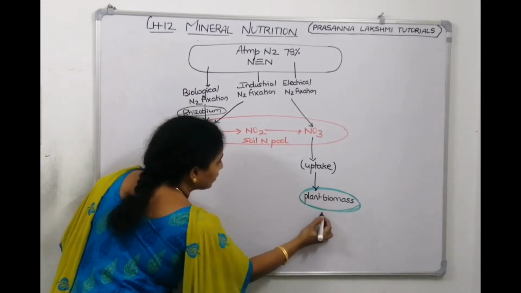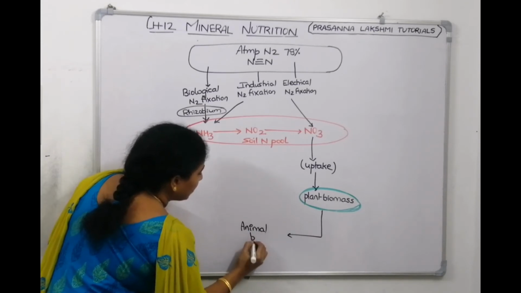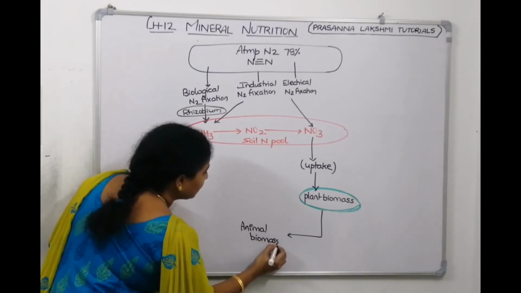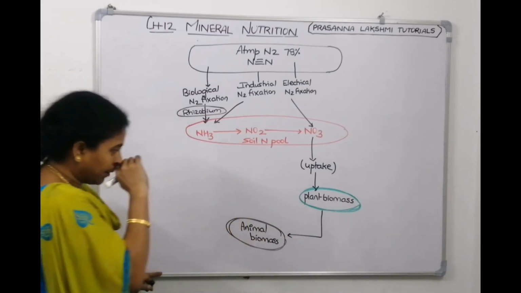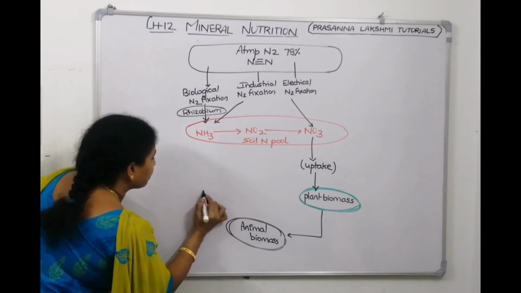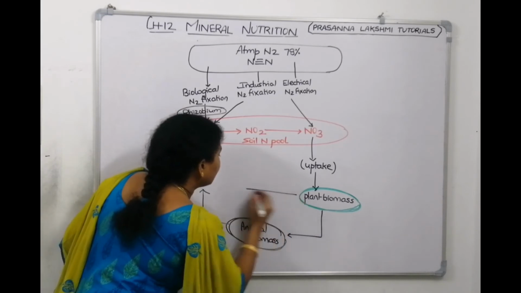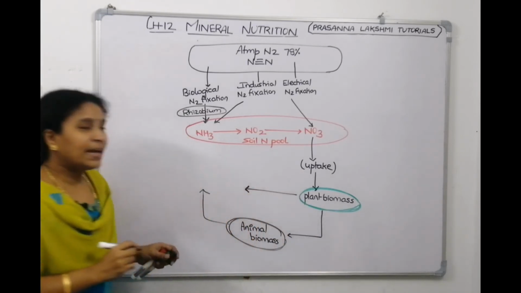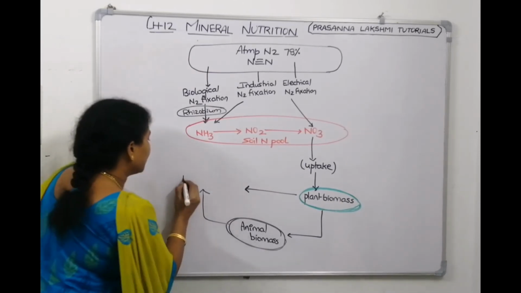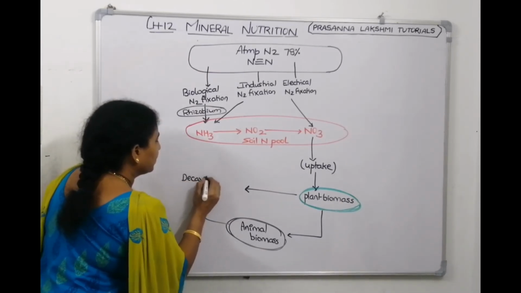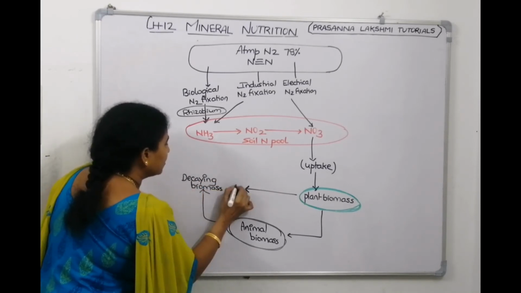The animal will eat the plant and increase its biomass. Now, when the plant dies or the animal dies, what happens? It becomes decaying biomass, right?